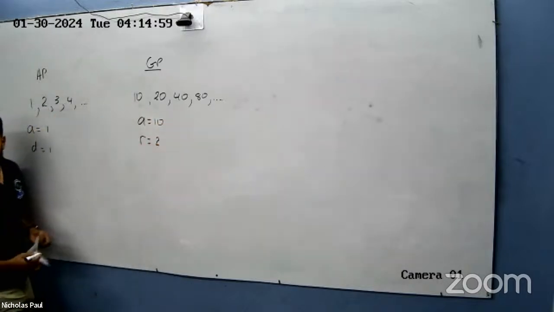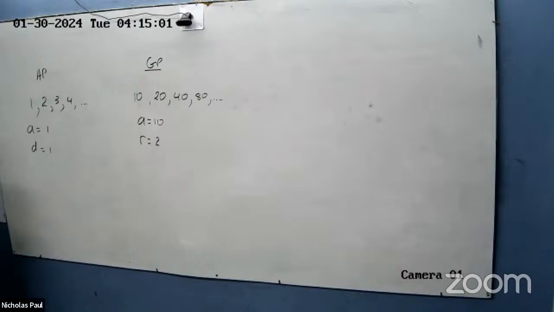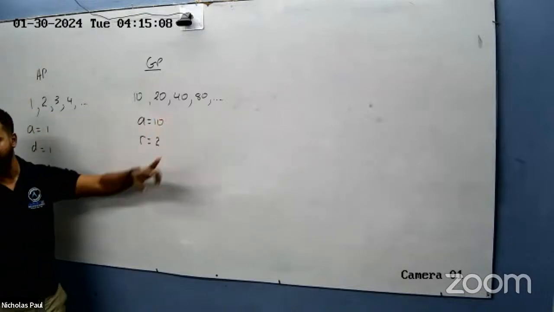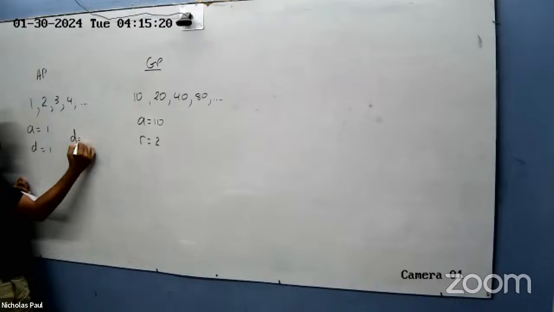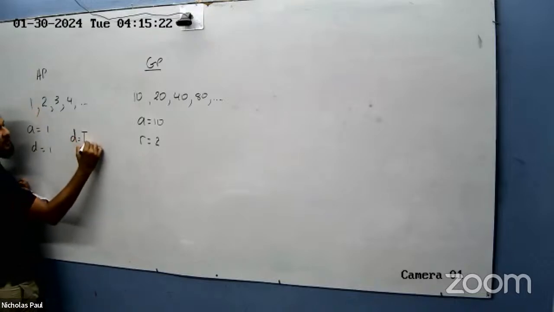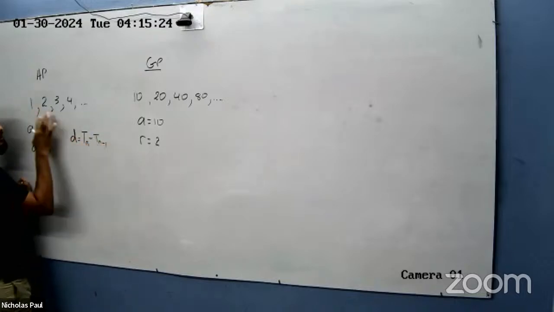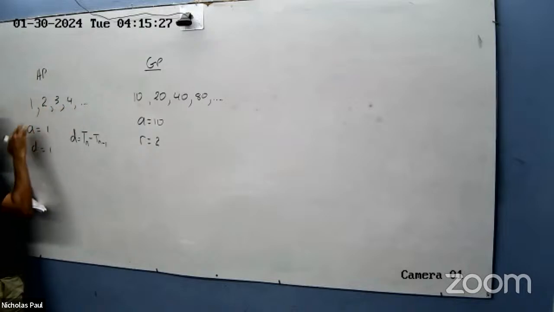How do you determine if it's an AP or a GP? Anybody remember what to do? You have to kind of work backwards. You subtract consecutive terms: subtract these two, subtract these two, subtract these two.